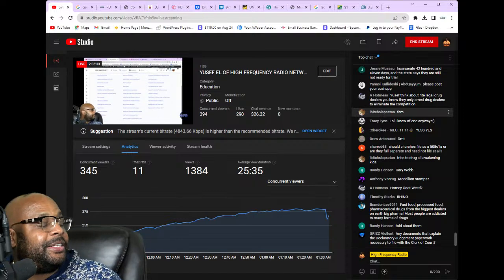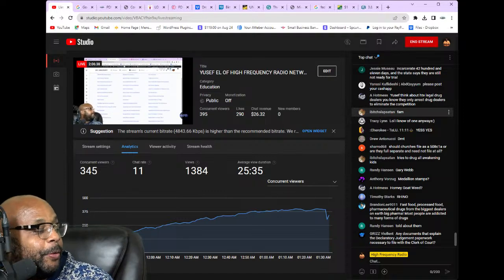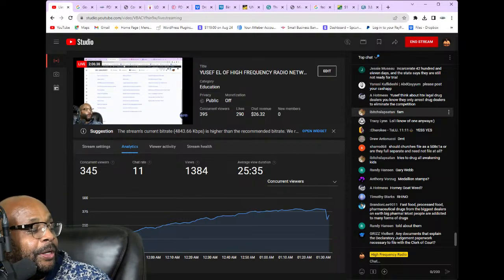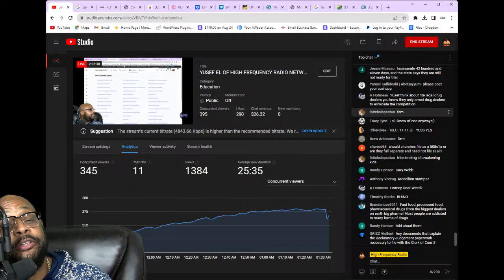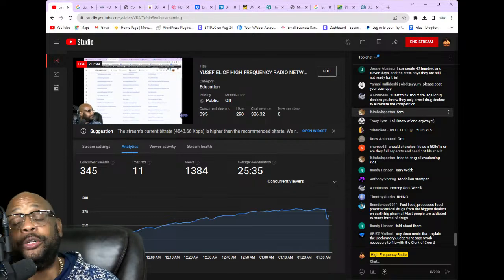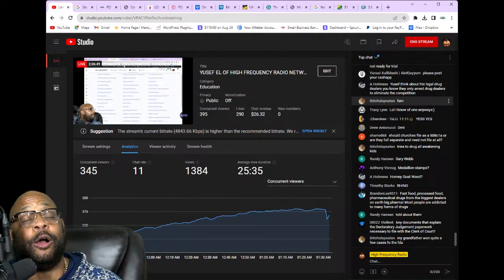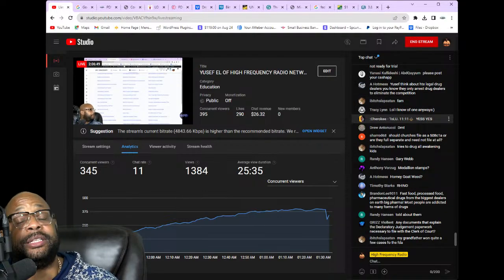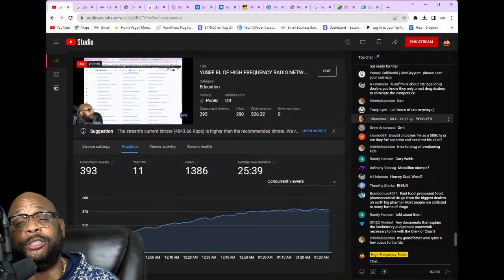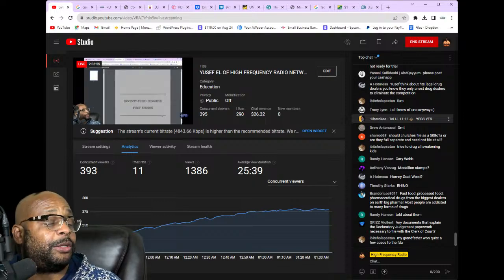Any documents that explain the declaratory judgment paperwork necessary to file with the clerk of court? No, you can just get a declaratory judgment. That's an equitable remedy. A declaratory judgment is not about guilt or innocence or who's at fault. It just basically confirms the rights of the parties. That's what a declaratory judgment does.